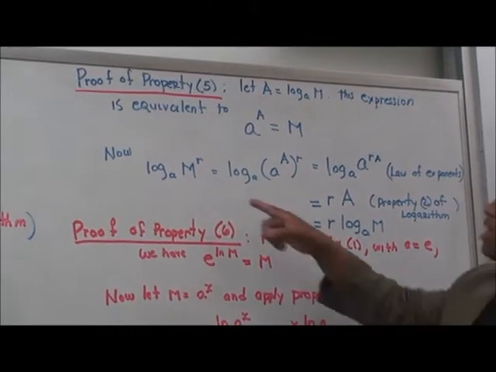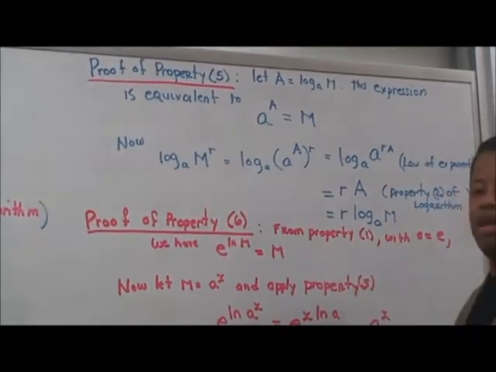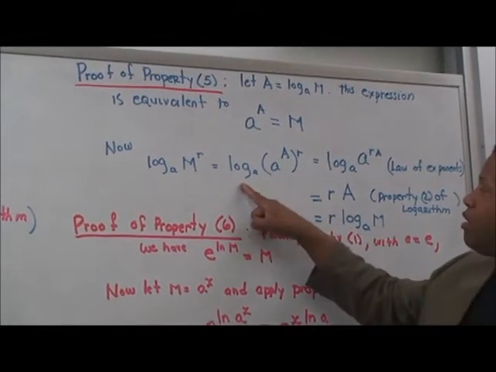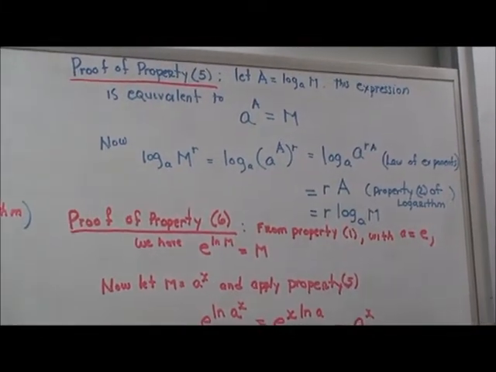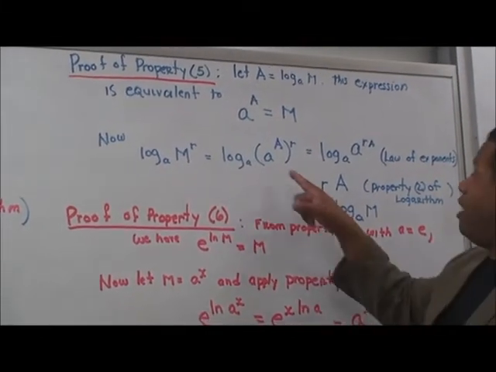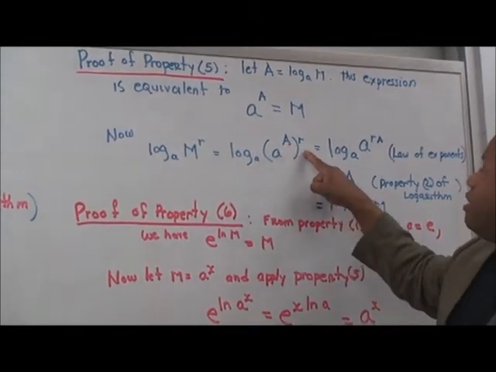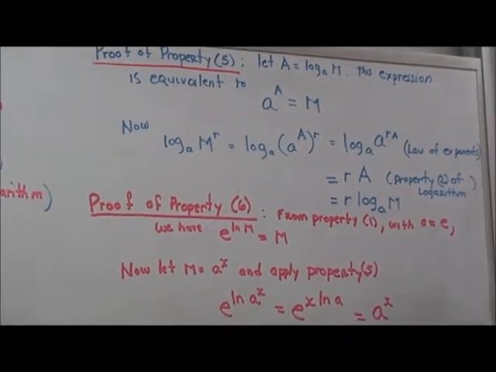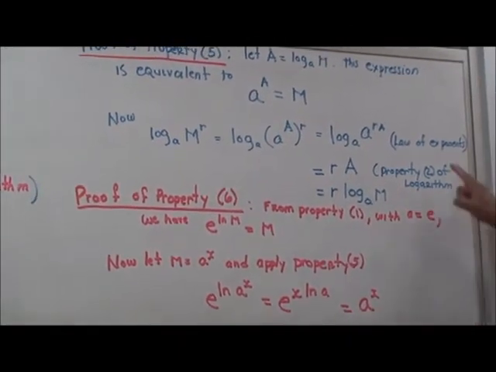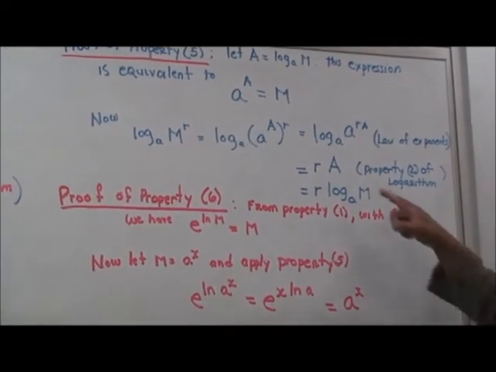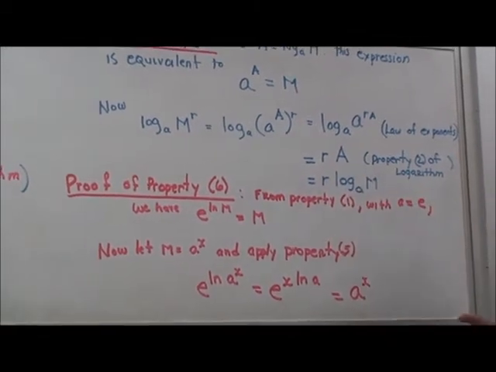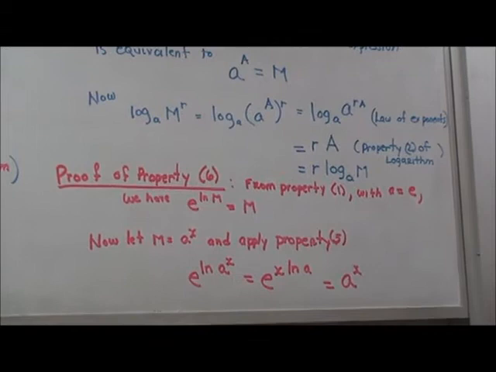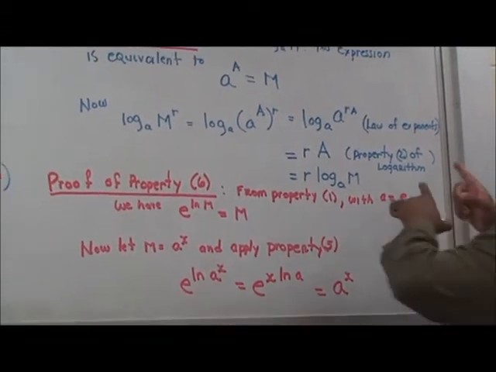So in this case now, the log base a of m raised to the r is equal to the log base a of a to the a raised to the r. So that looks like raising a power to a power, that property of the law of exponents, remember that? And so r times a is dealing with property 2 of logarithms. So here's what's happening.